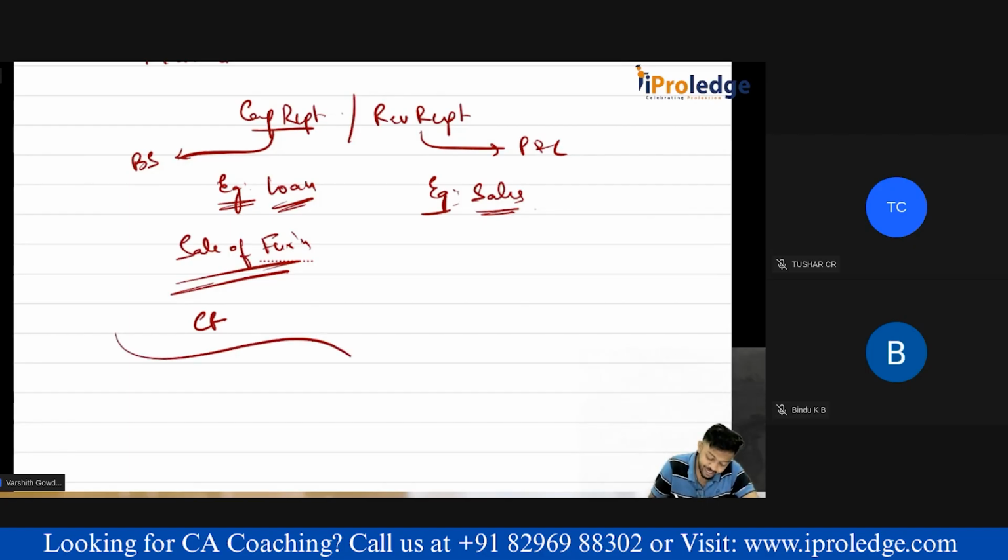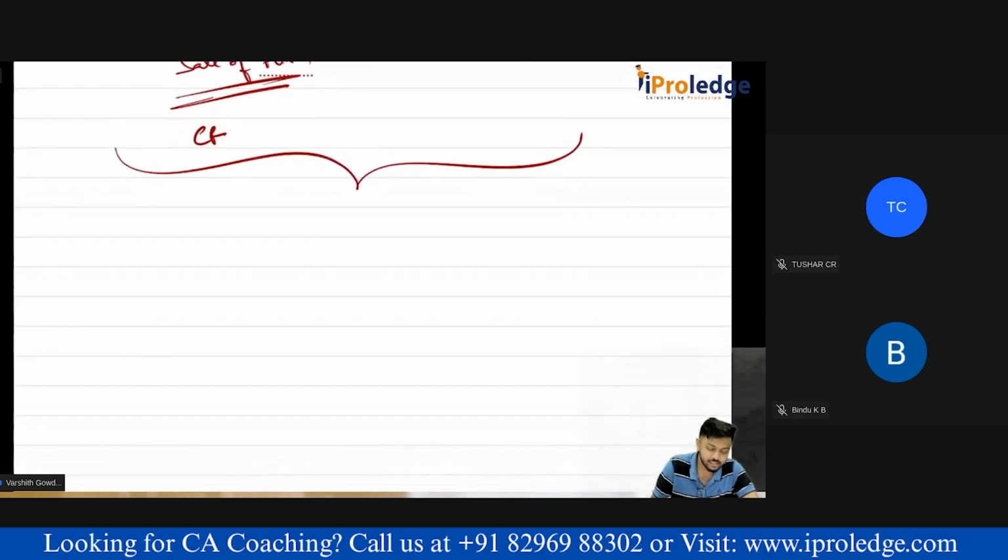So, how to bifurcate this when they ask? See, if there is a receipt and you are receiving it in the ordinary course of business, then it is a revenue receipt. What is ordinary course of business? Now, if I am a dealer of furniture, what is my ordinary course of business? Selling and buying furniture. Correct? So if I am getting money via that activity, it becomes revenue.